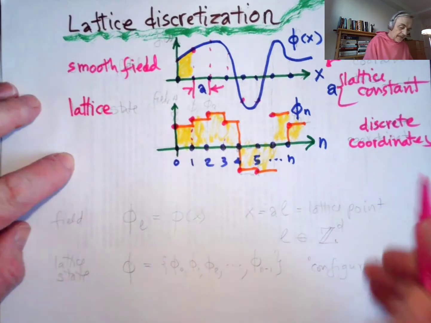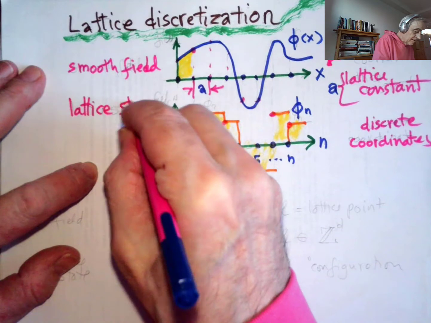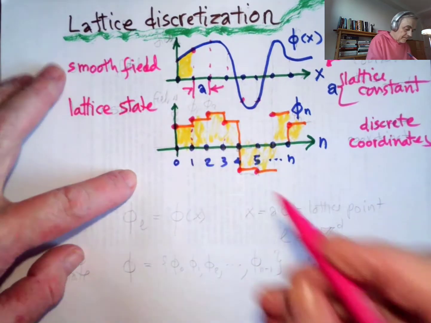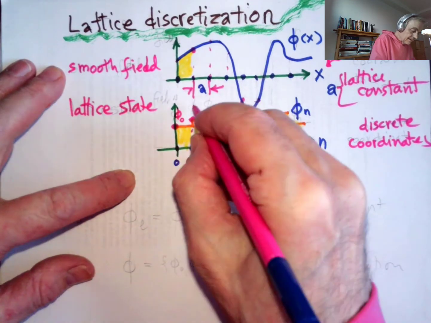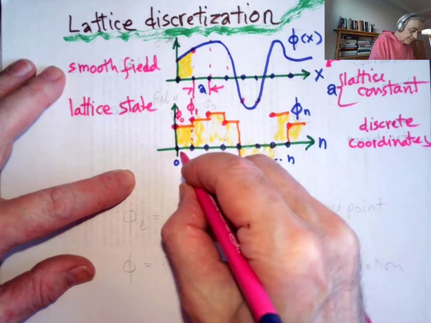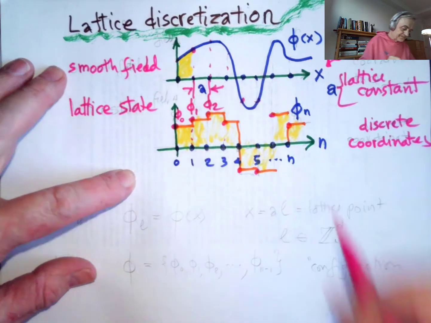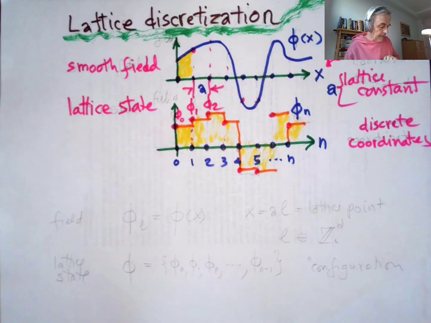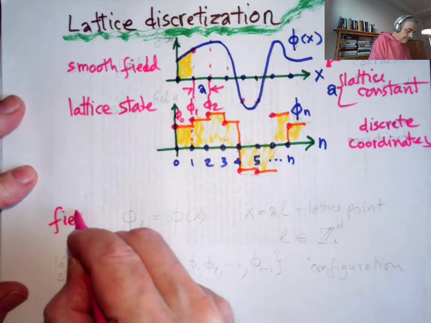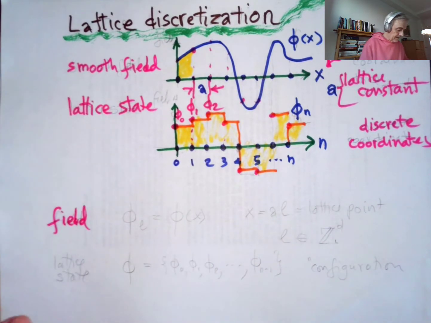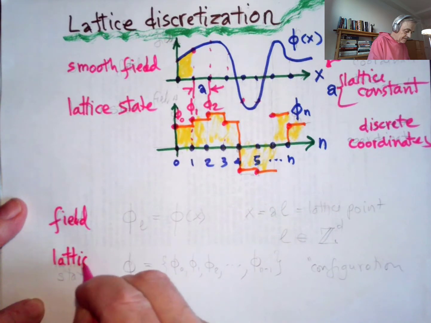Now remember, lattice is a coordinate, it's a set of points. State, meaning values of the field, a finite number of them at point 1, point 2, and so on to point n. So we have started with a field, and we have ended up with what I'll call lattice state.